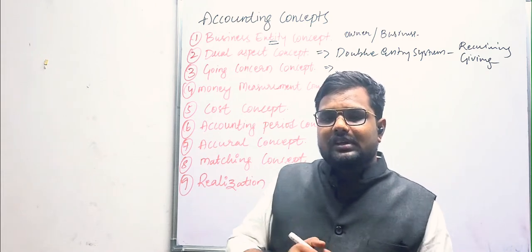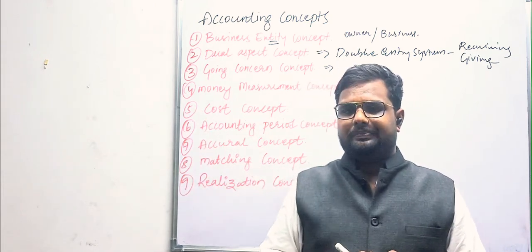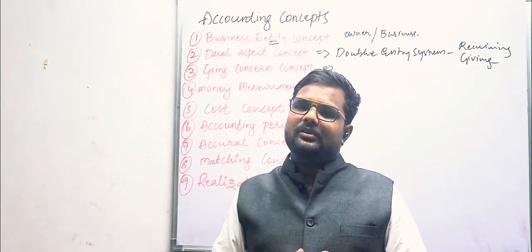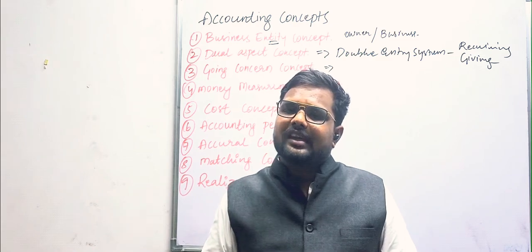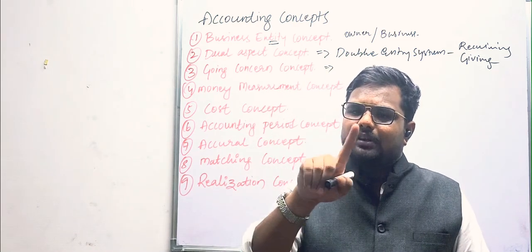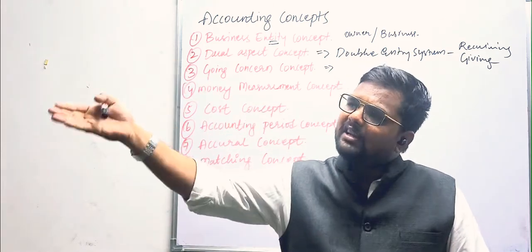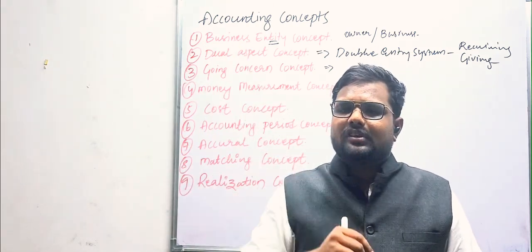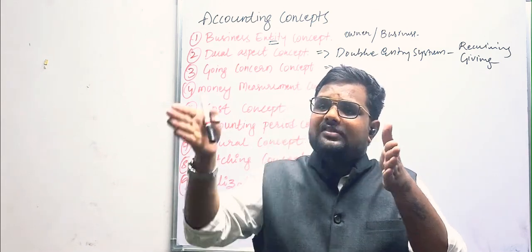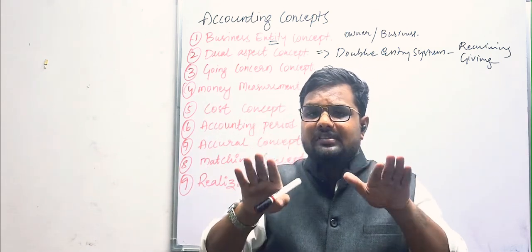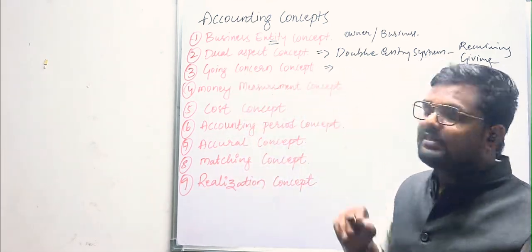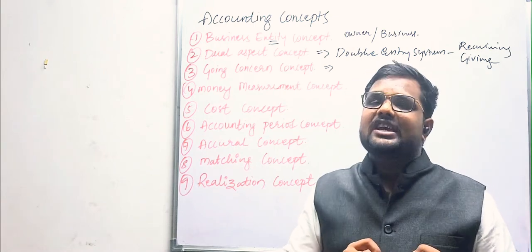Now let us take one joint stock company as an example. Take Reliance Industries as an example. One shareholder has sold his share and another shareholder has purchased it. That means the owner has changed. Does the business remain the same or not? Yes. The going concern concept is stating that people may change.